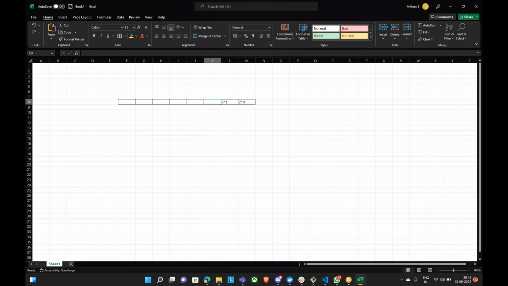So 2 power 1, 2 to the power 2, 2 to the power 3, 2 power 4, 2 to the power 5, 2 power 6, 2 to the power 7. Clear? So 2 power 0 to 2 to the power 7, 8 places. So I will write the numbers here, 1, 2, 3, 4, 5, 6, 7, 8. So 8 bits.